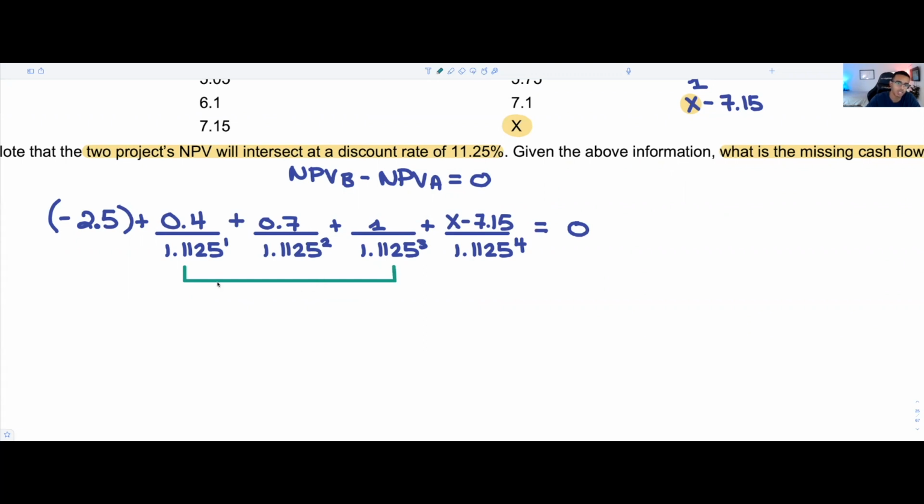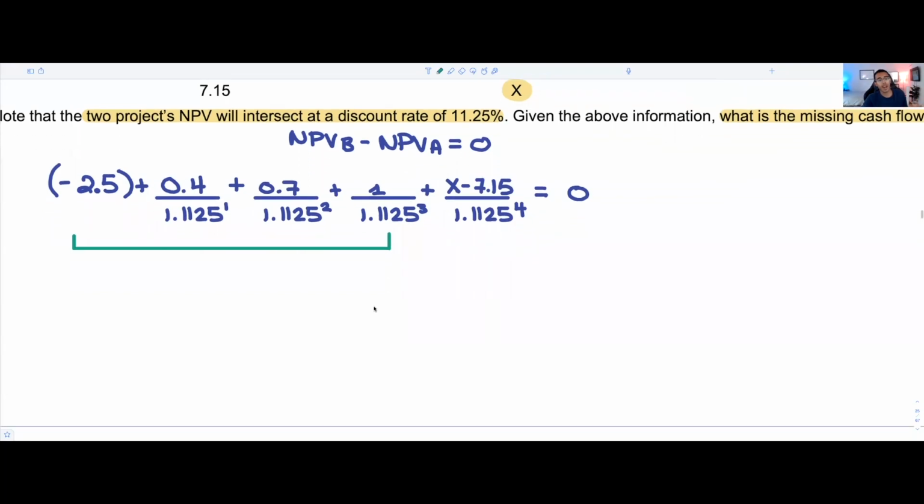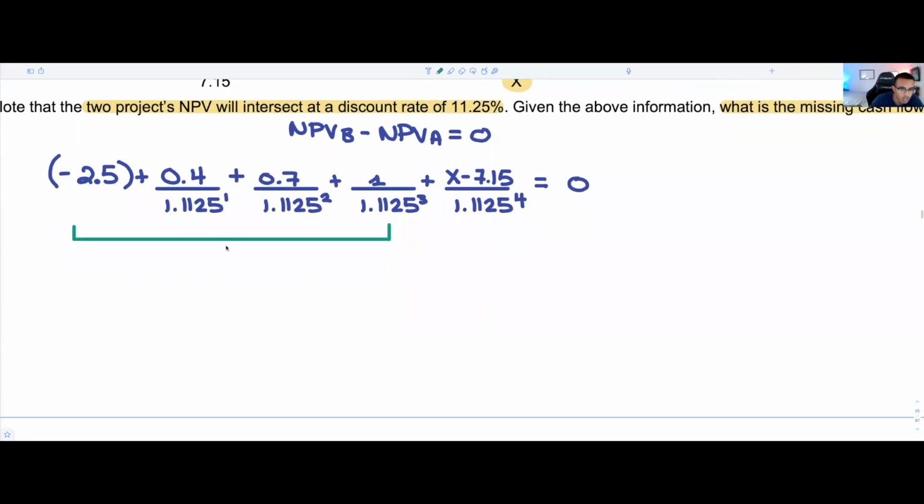Or we could make it more comprehensive than that. We could add all of this portion together, and then we're just going to solve for x, right? And we'll move it to the right hand side, and so on. But another way for you to go about this is, I'll highlight these two methods that you could use right here. So you could use two methods.